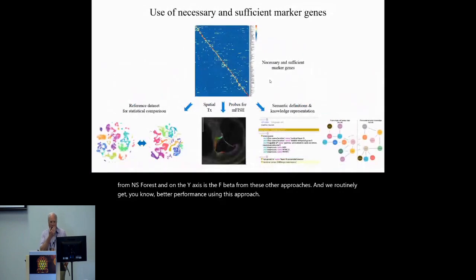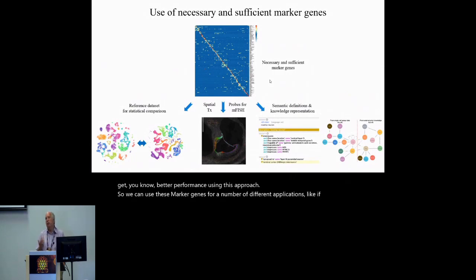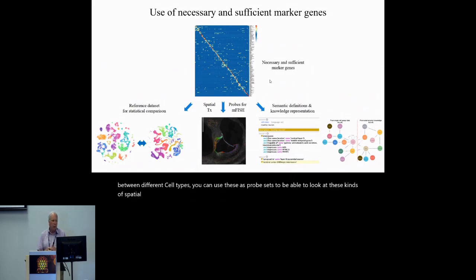So we can use these marker genes for a number of different applications. If you're interested in doing spatial transcriptomic analysis to understand the spatial relationships between different cell types, you can use these as probe sets to look at these kinds of spatial relationships.